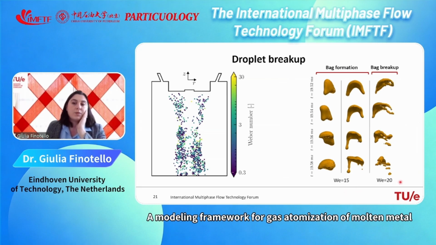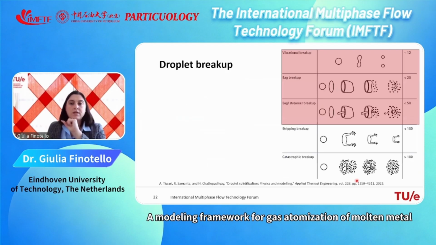And this is really the type of breakup that you have at such a Weber number. It's really the start of the breakup and the pinching off of smaller droplets from a larger droplet.